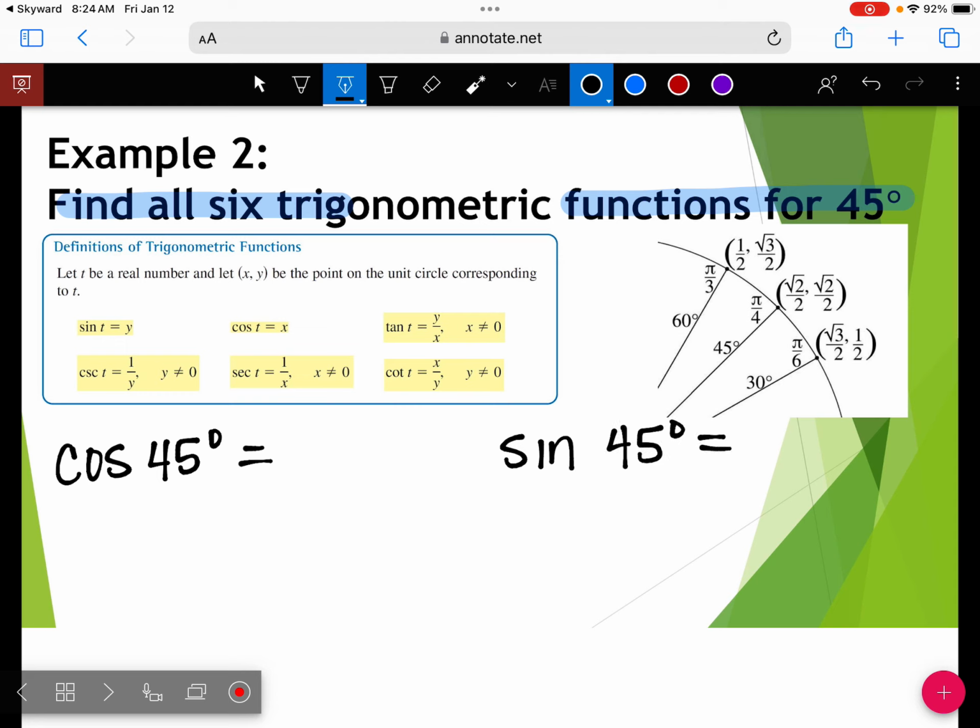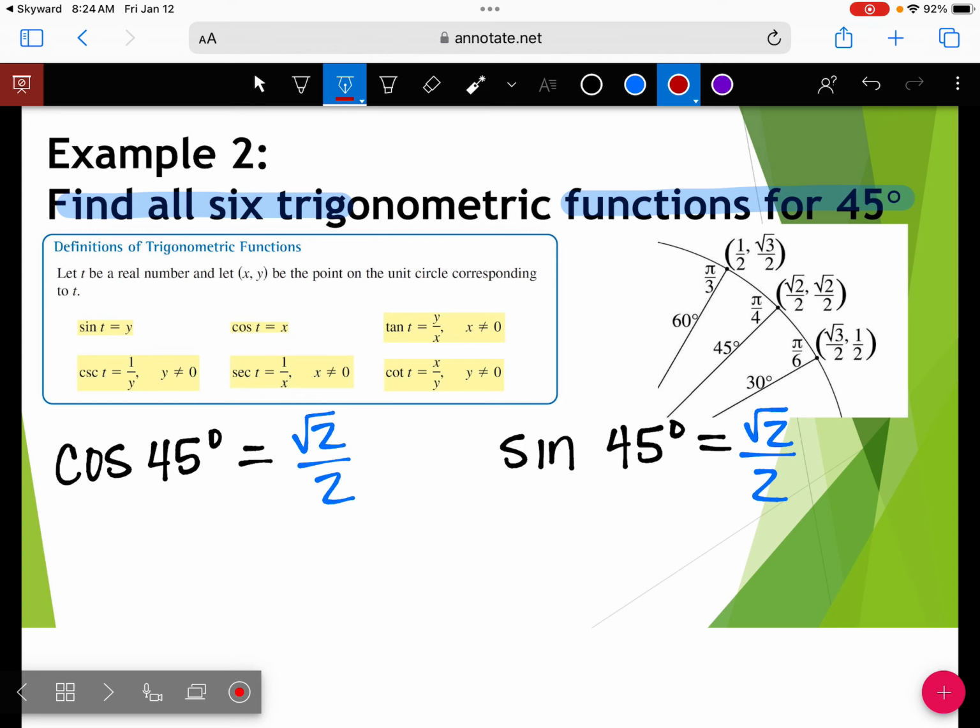Cosine and sine are the same for a 45-degree angle because it's an isosceles triangle. And remember, for an isosceles triangle, the legs are congruent. So they're both going to be square root of 2 over 2. And also, because sine and cosine are the same, secant and cosecant will also be the same.